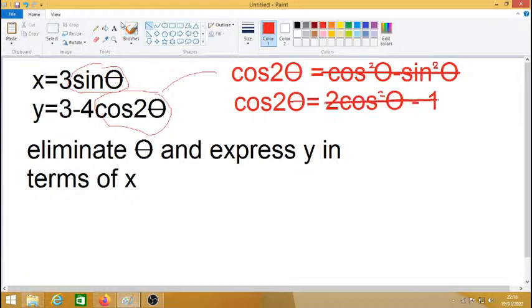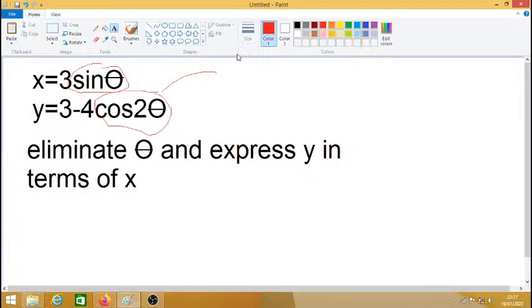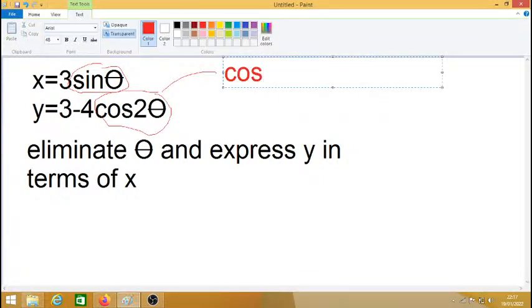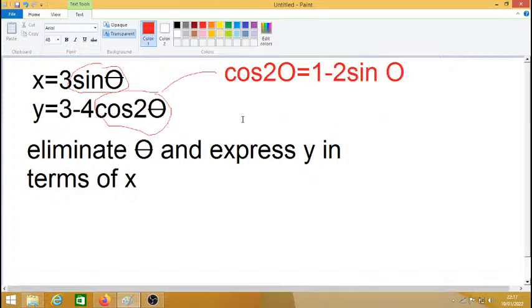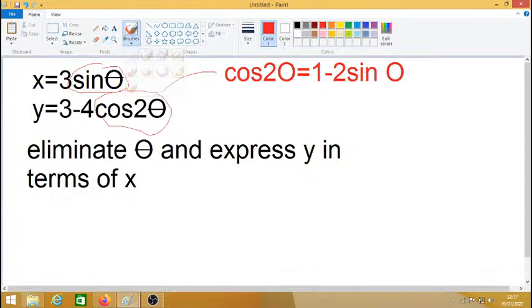And that means the one we really want to pick is the third one, cos 2 theta is equal to 1 minus 2 sine squared theta. So that's the most promising one because it's got sine theta which matches this sine theta.